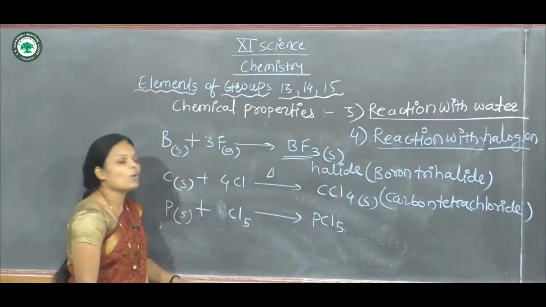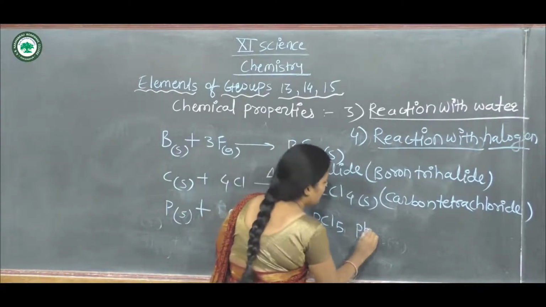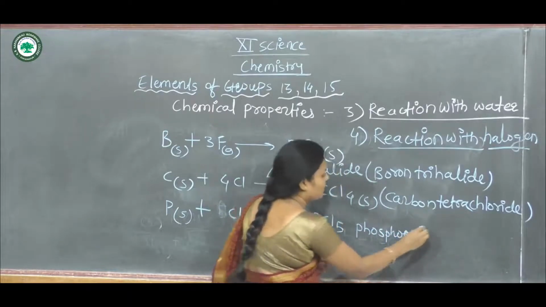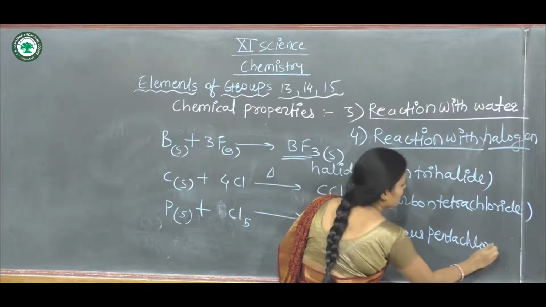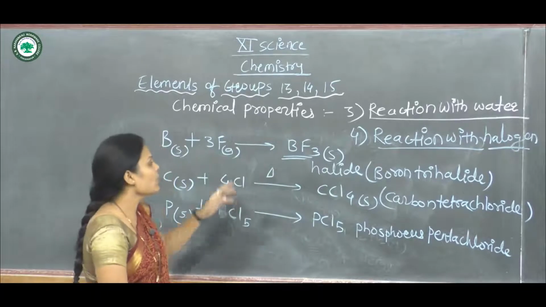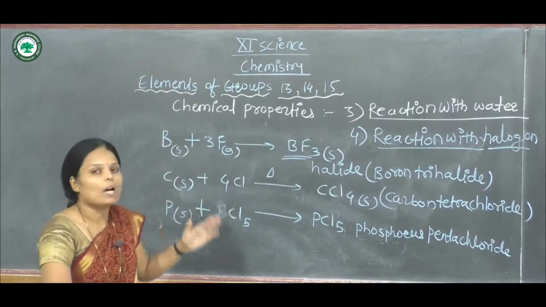PCl5 means phosphorus pentachloride. This is one example we can take, forming a halide group.